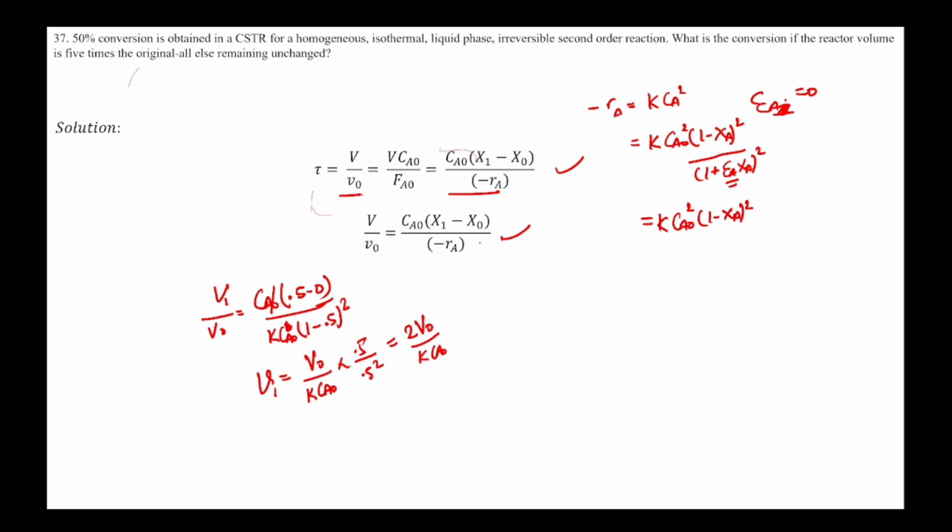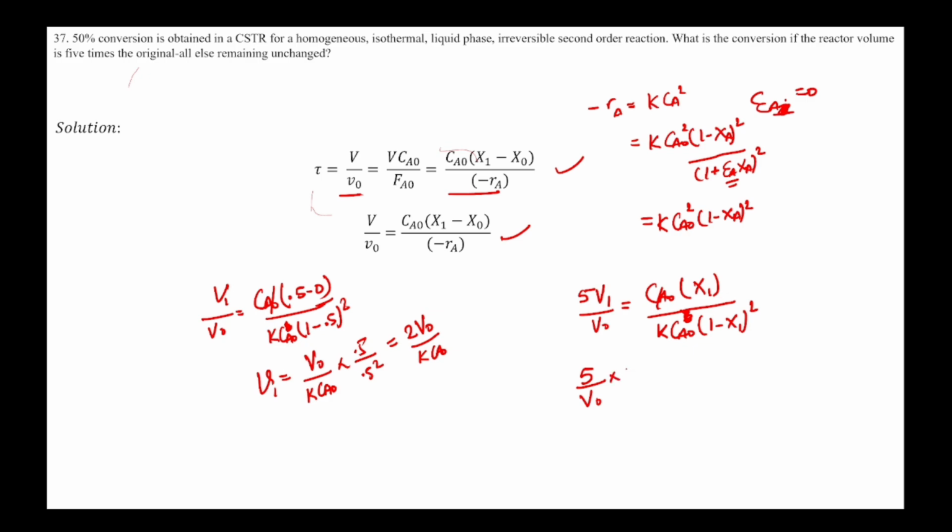Second condition, the same equation will come, but the volume is 5 times the original volume. So 5V1 upon V naught is equal to Ca naught X1, and now we have to find the conversion X1, upon K Ca naught square 1 minus X1 whole square. Now Ca naught cancels out.